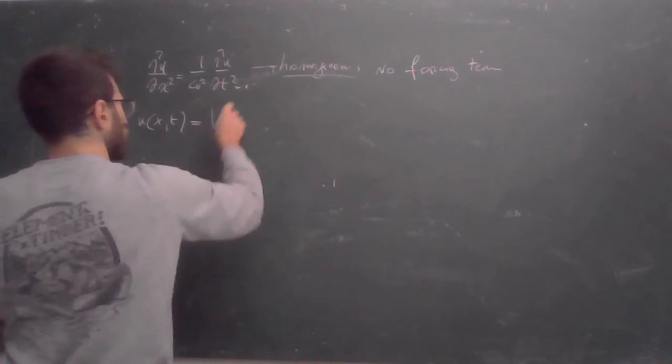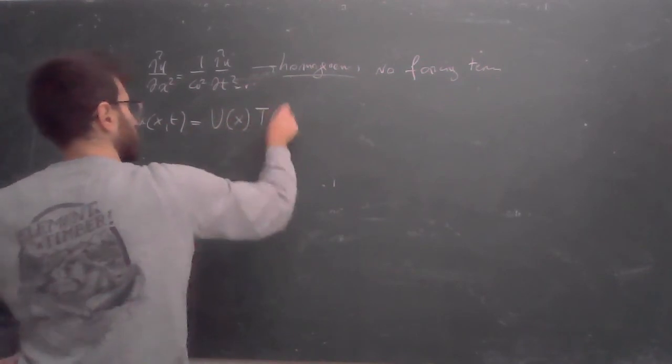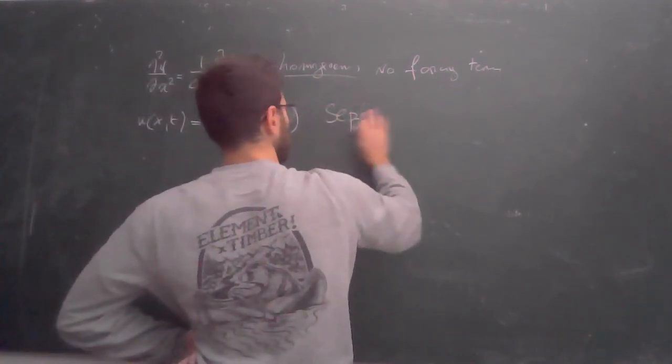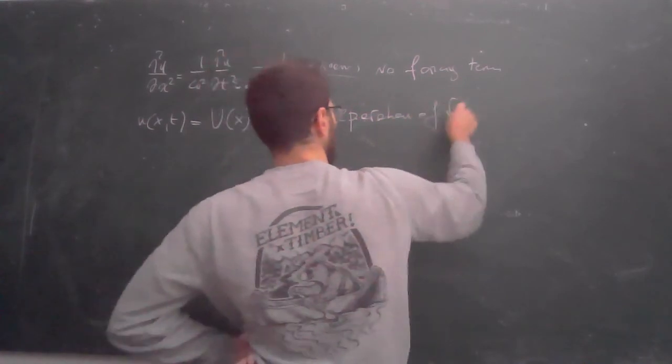It is a big U of x times a function of t. We call it the method of separation of variables.